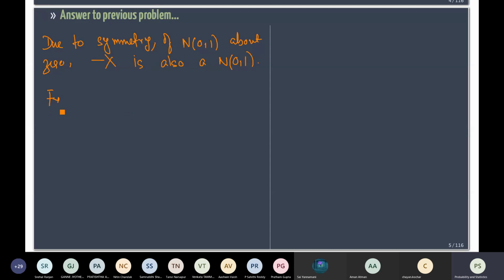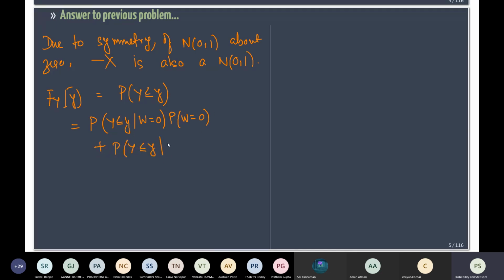And then I would like to go ahead and apply the CDF and see what the CDF looks like. So the probability that Y is less than or equal to y, and I will now apply the total probability: the probability that Y is less than or equal to y given W equal to 0, times the probability of W equal to 0, plus the probability that Y is less than or equal to y given that W equal to 1, times the probability that W is equal to 1.